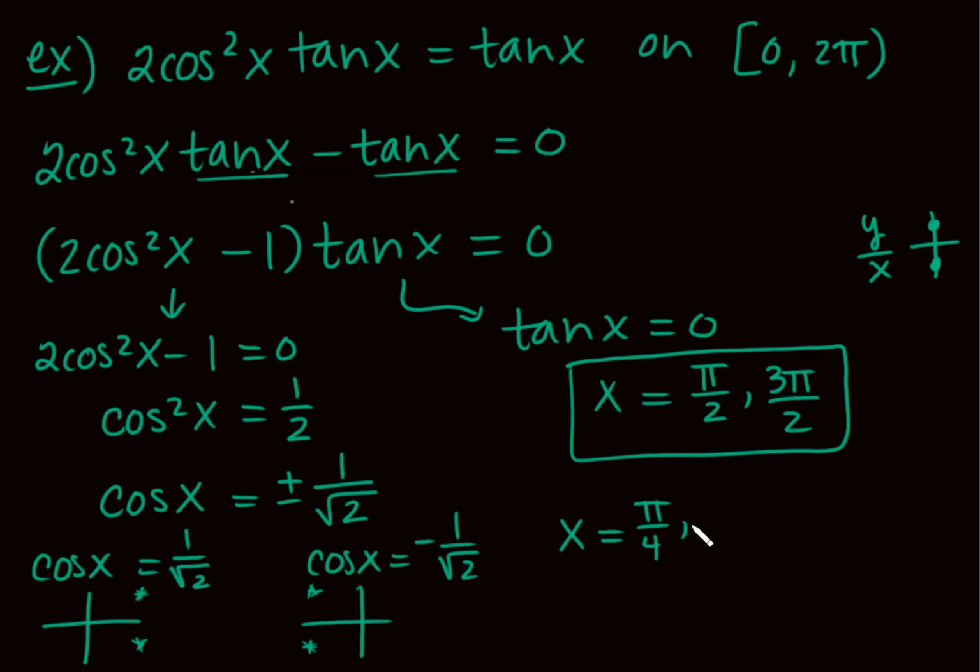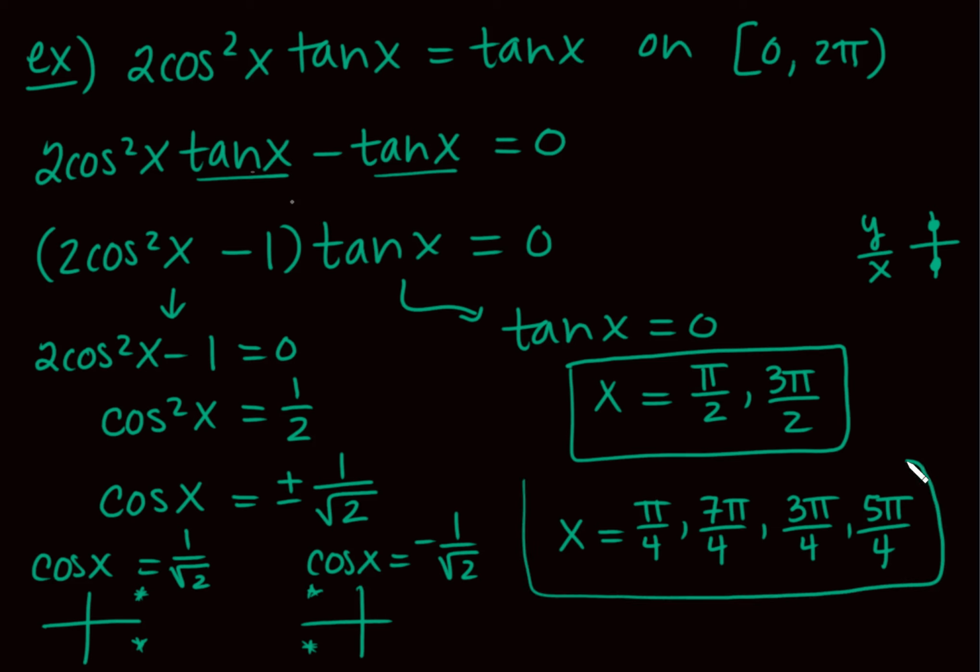Pi over 4 and 7 pi over 4. My reference angle is 45 degrees. And then where is it negative? We're going to have 3 pi over 4 and 5 pi over 4. So we basically get every angle between 0 and 2 pi with reference angle pi over 4. And so there are all of my solutions. I hope that makes sense.